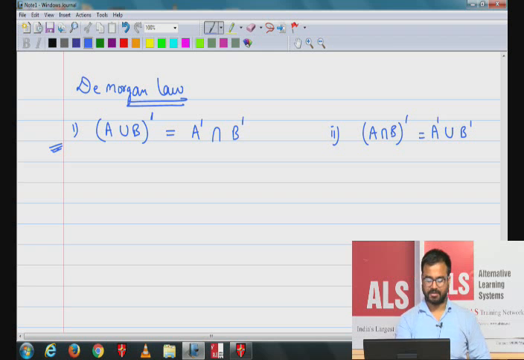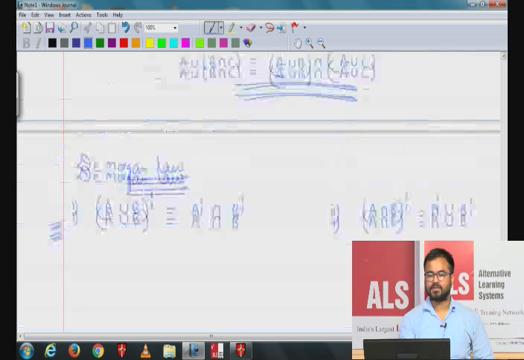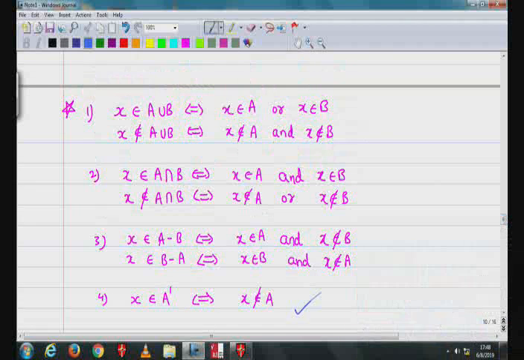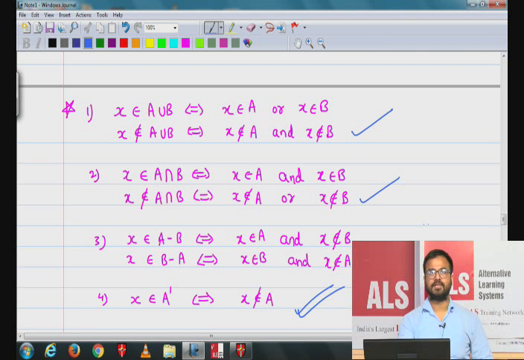Okay, so now let's do this one. So first one I'm proving. The useful laws which we have written over there, we will take the help of the last one and these ones while proving those.